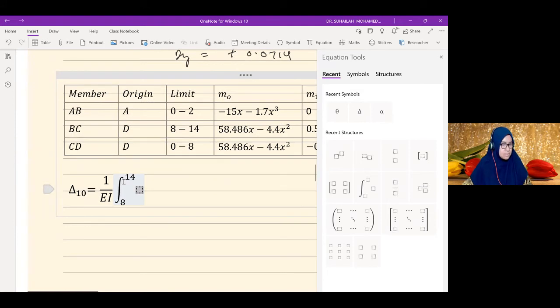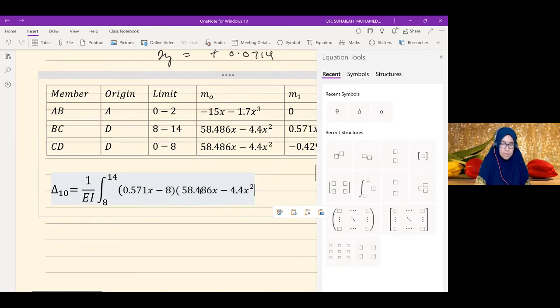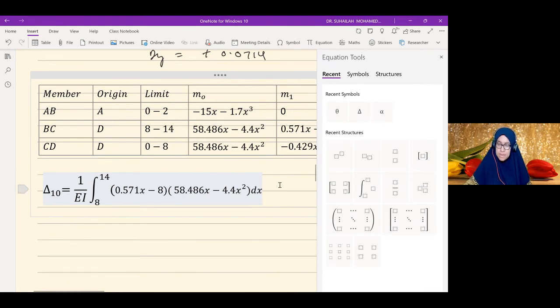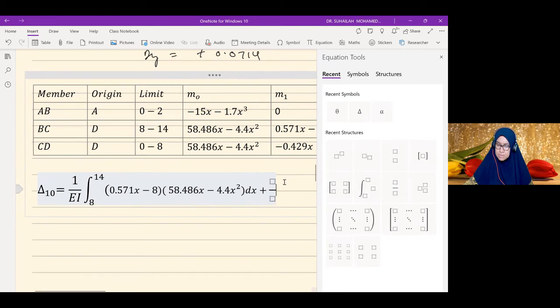It is M1 times M naught dx. We have to add, for CD, it is 1 over EI.